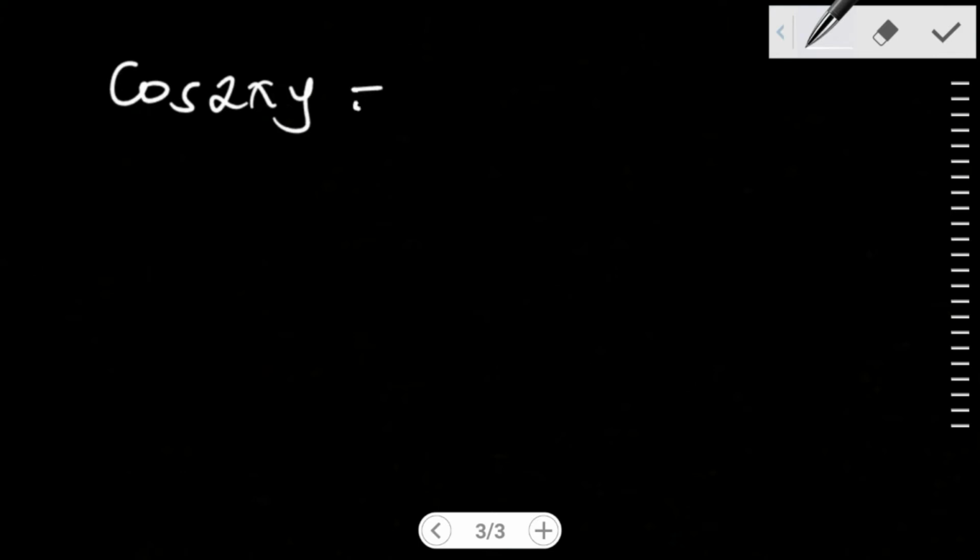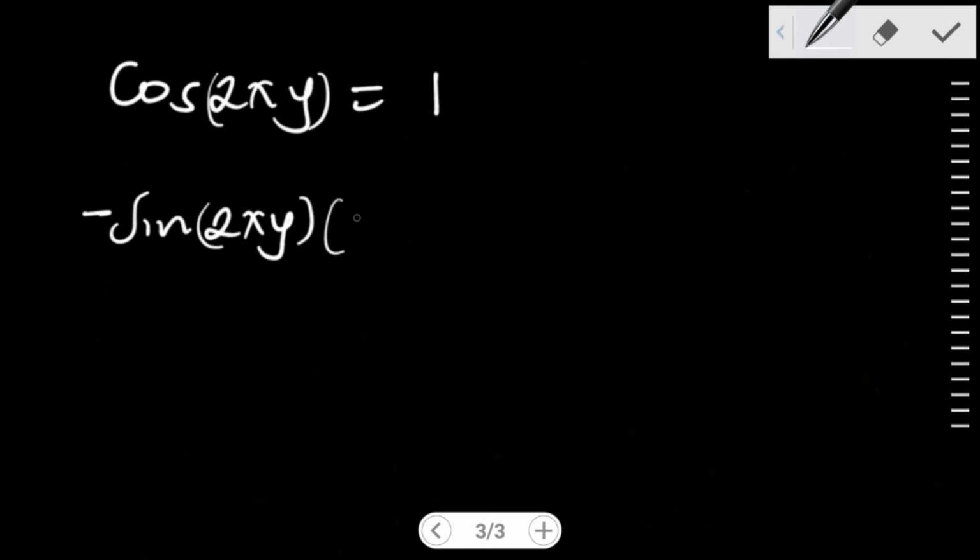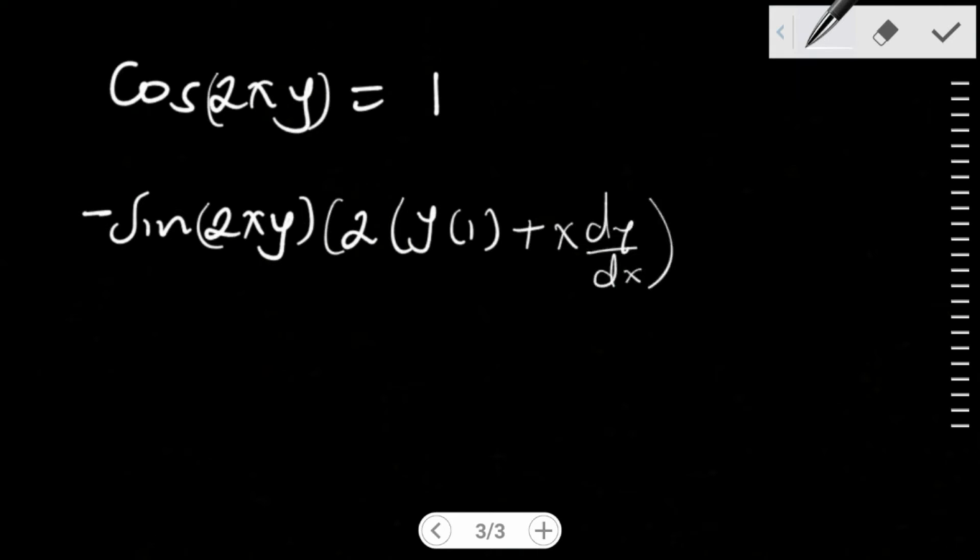Next, cos of 2xy equals 1, if I've been told to differentiate this. What I'm going to do here, differentiate this, I'm going to have negative sine of 2xy, and then for the inside part, to differentiate this I can keep the 2 constant, and then I'm going to have y into 1, plus x dy/dx.